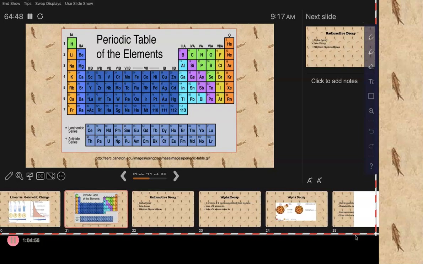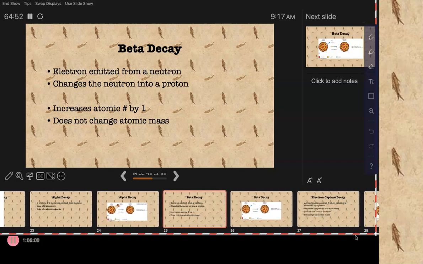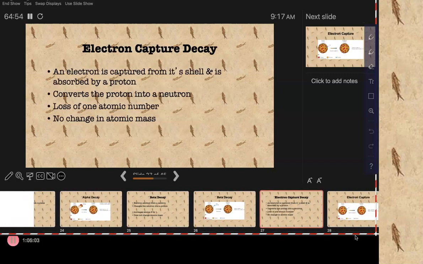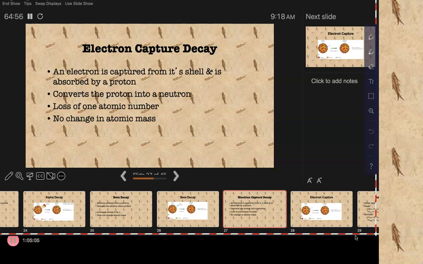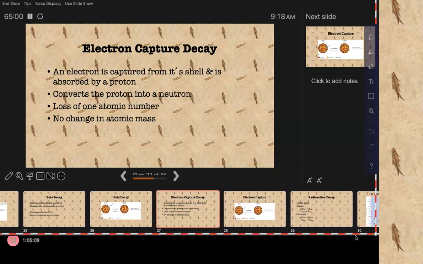Beta, you're actually going up 1, keeping the mass the same. Electron capture, you're going down 1, keeping the mass the same. And the way we're doing that is either by losing an electron from a neutron, or gaining an electron into your proton.